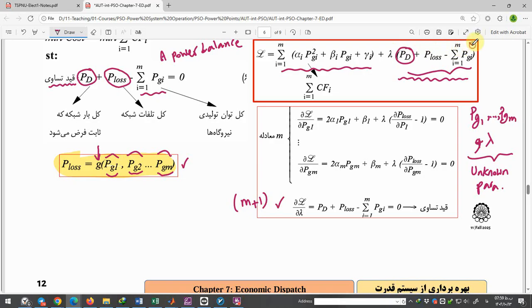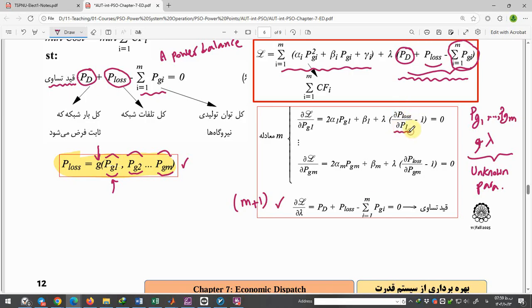The PG1 gives you a derivative, but P loss is a function of PG1, and that gives round P loss over round PG1.